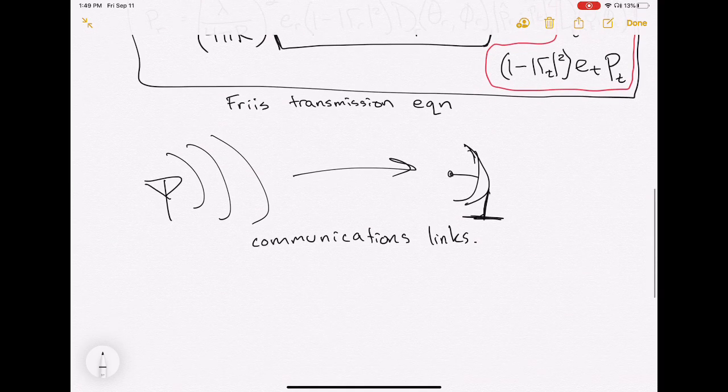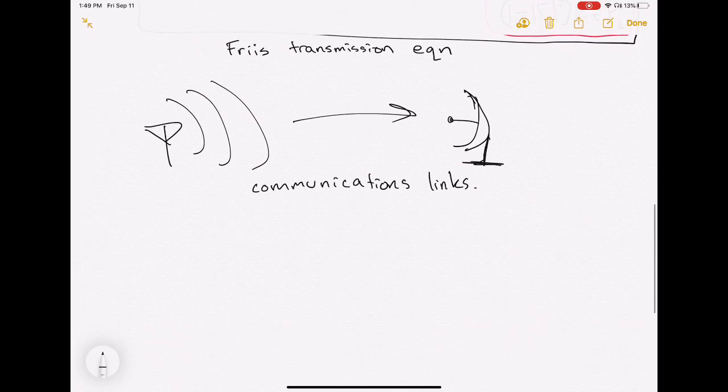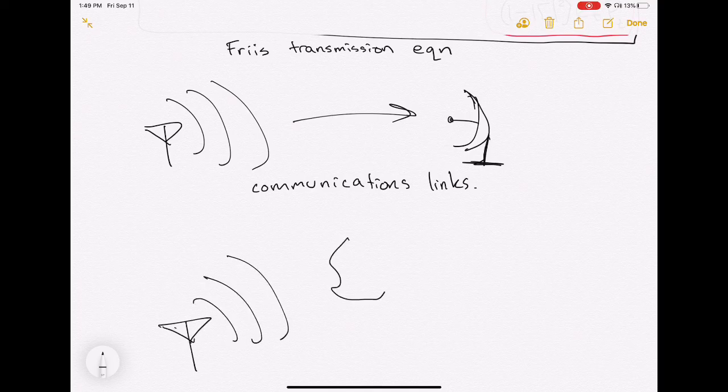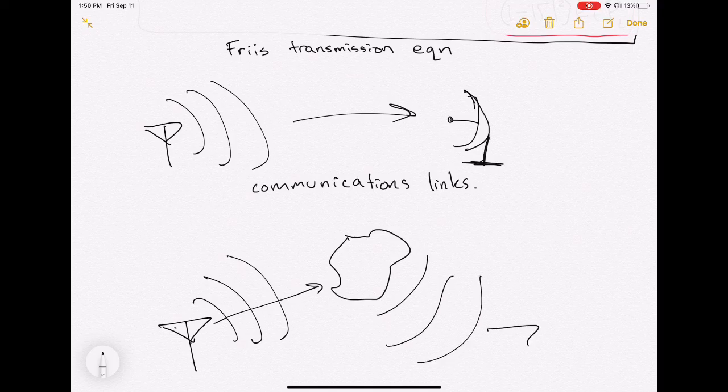But what about a more radar-like scenario? What if we have a radar link where we have a transmit antenna and then we have some kind of target, and that transmitted wave bounces off the target and then hits a receive antenna?